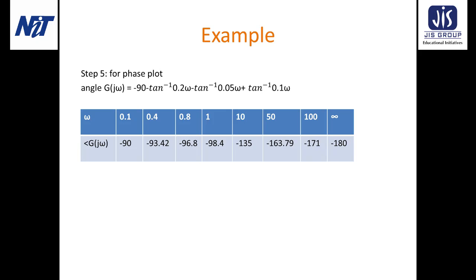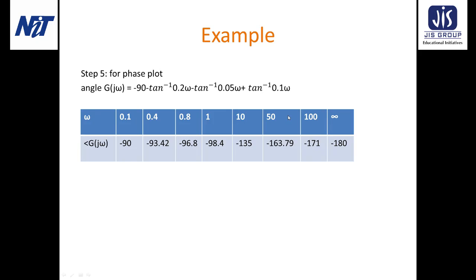I have not considered the 0 value because my graph starts from 0.1. So I have put the value 0.1 and up to infinity. Now for a phase plot it will be more accurate if you draw the magnitude plot first, and then find the gain crossover frequency, that is the point where the magnitude plot intersects the reference line, and take that gain crossover frequency value over here.